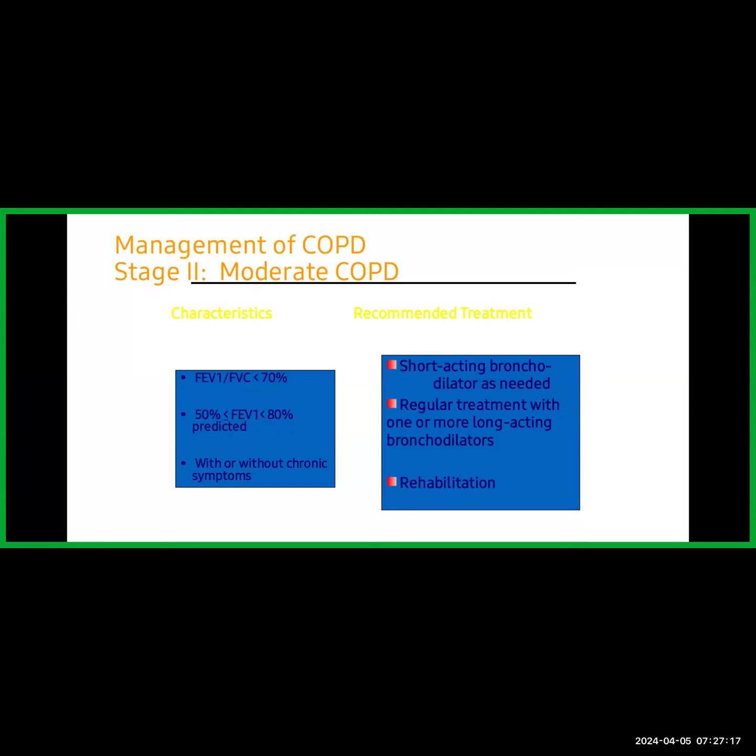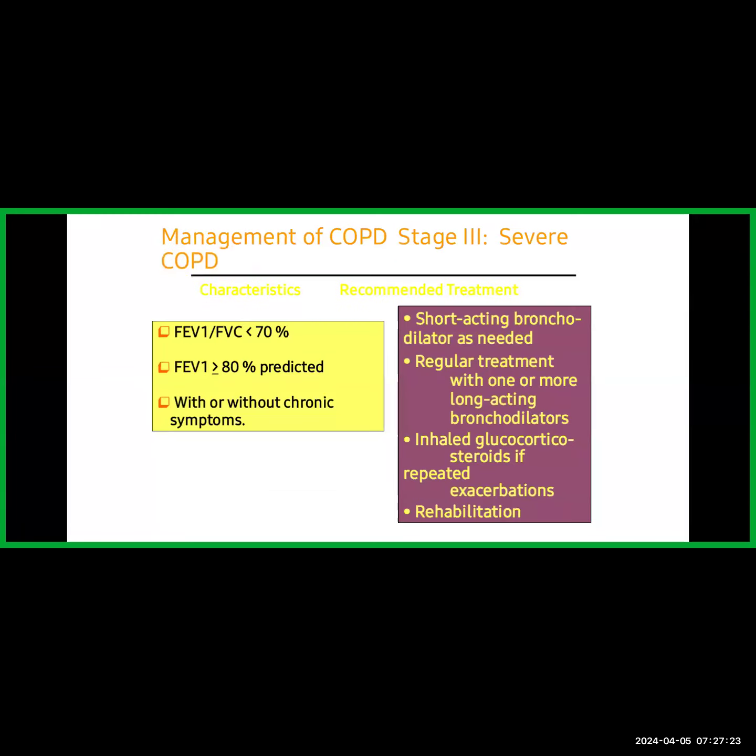And we can think of commencing rehabilitation, a particular program for patients with COPD. Then for stage 3, again, apart from short-acting bronchodilators and one or more long-term bronchodilators, we can introduce inhaled steroids if they have repeated exacerbations. Again, pulmonary rehabilitation will go a long way in helping them.